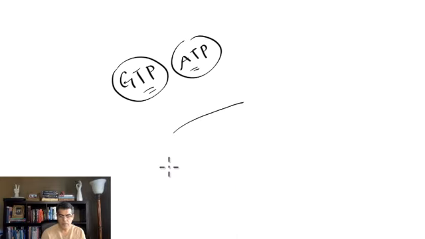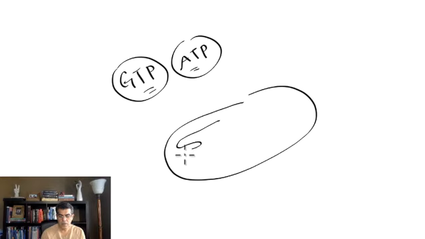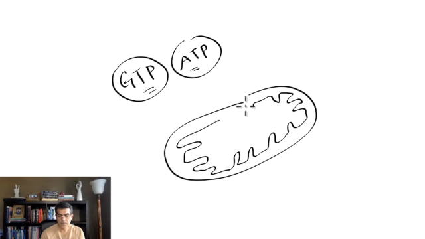As you remember, mitochondria is composed of a bunch of folding. This folding is called crista.